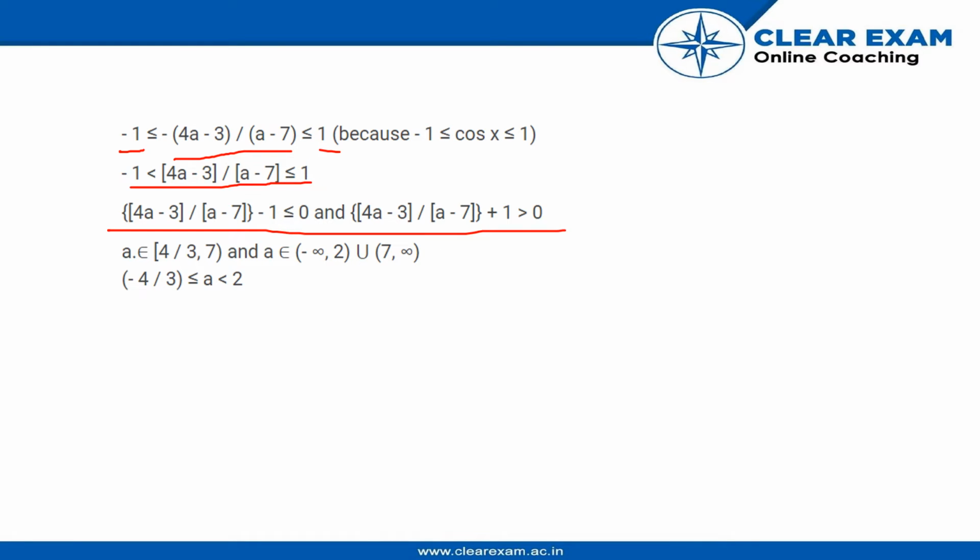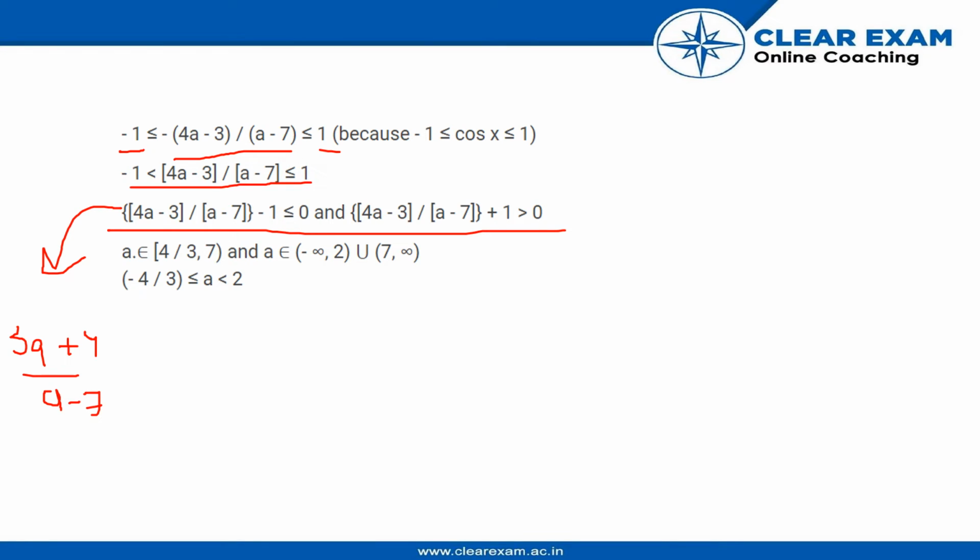Once we simplify this, we take a minus 7 on both sides to the numerator. For the first inequality we get 4a minus 3 minus a plus 7, which becomes (3a plus 4) upon (a minus 7), correct?